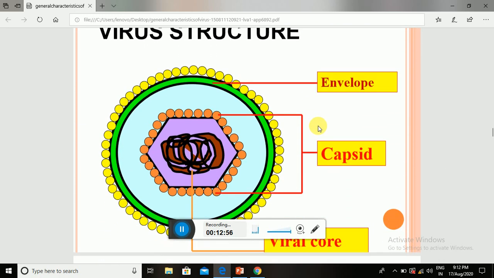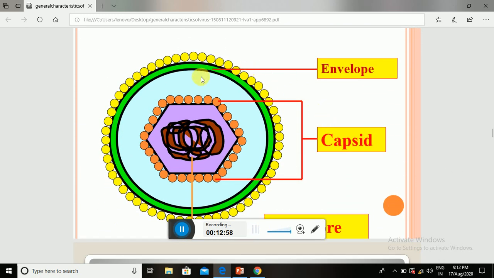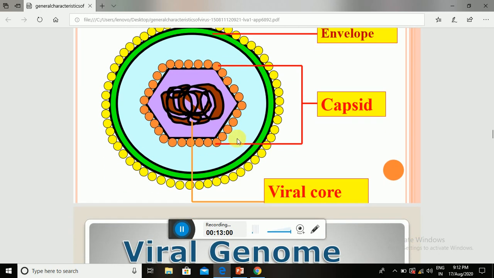So this is the structure of a virus. It has a viral core, a capsid with icosahedral symmetry, and around this a specific envelope. The viral core consists of genetic material, either DNA or RNA.